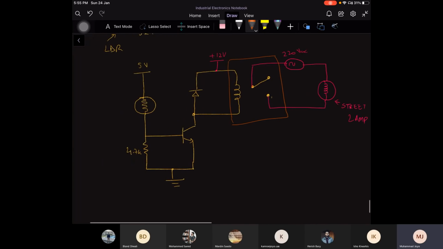What we have done at the input side is that I attached an LDR, this is your LDR, with a 4.7K resistor, and we have made a voltage divider over here.